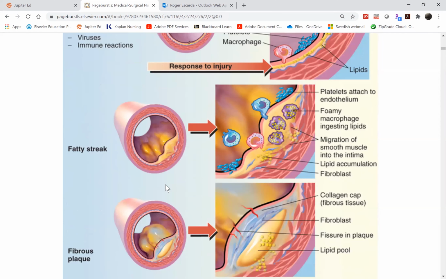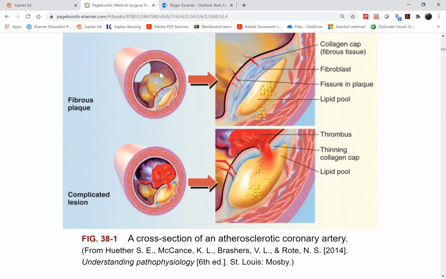So if you look at it here, once the plaque is big enough, so this one, let's say, is already 20% clogged, with 80% of the lumen open.